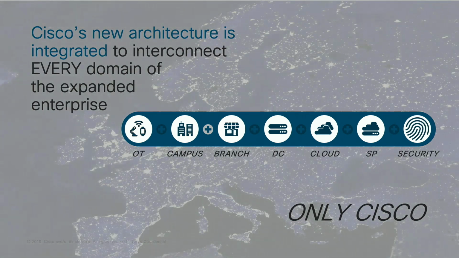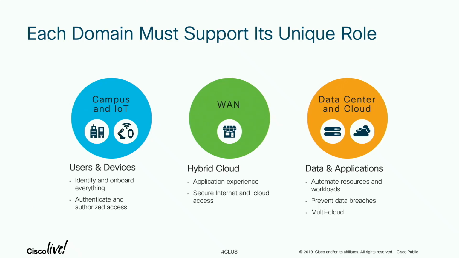We've got OT, campus, branch, data center, cloud, you name it, right? And they all work in their own way. And there's good reason why they've evolved in their own way. Each one of these domains is tailor-built to fulfill certain tasks and achieve certain results.